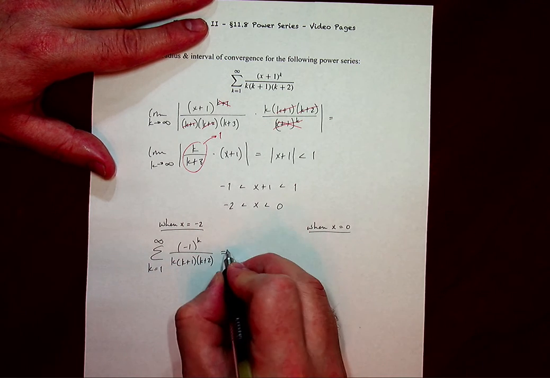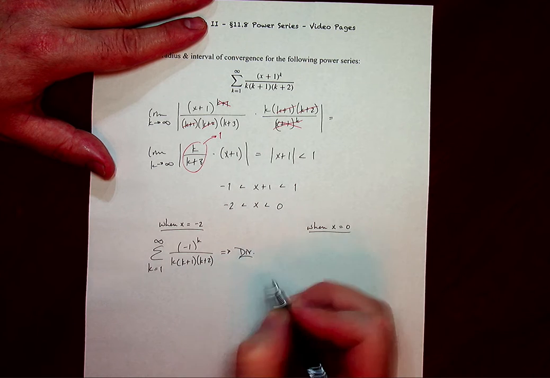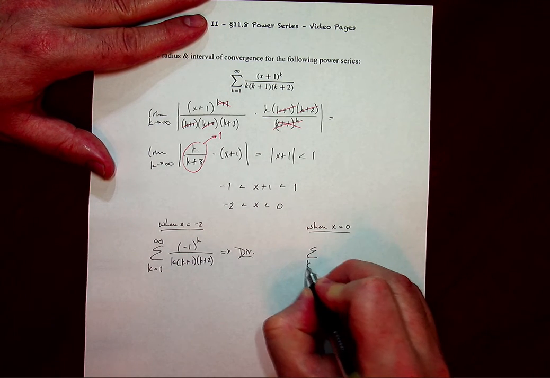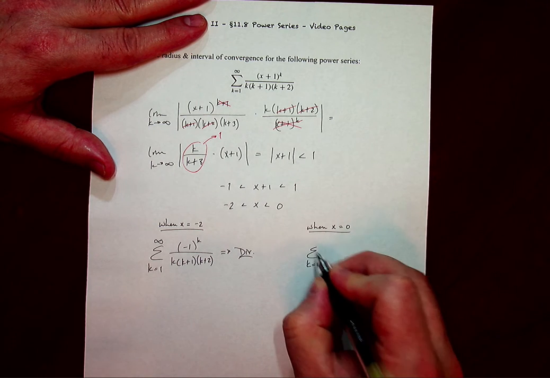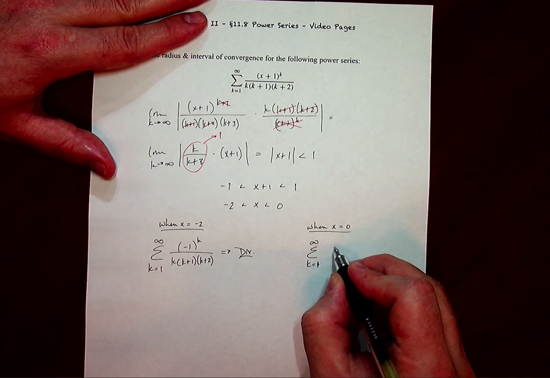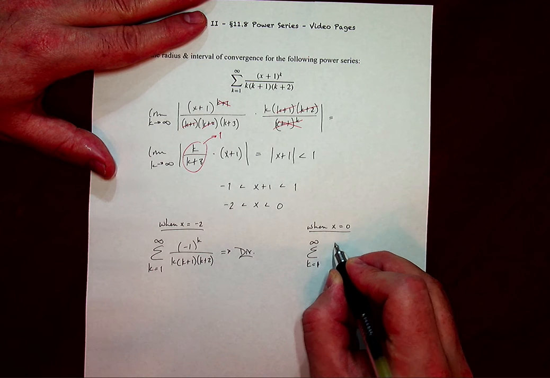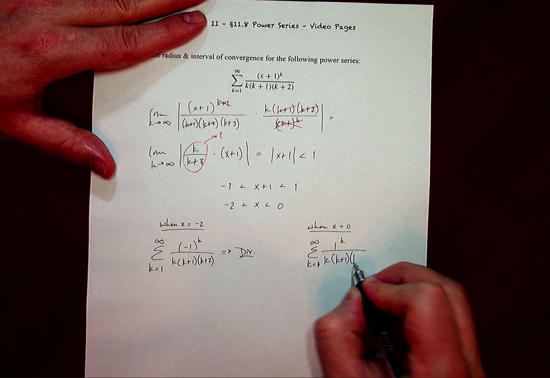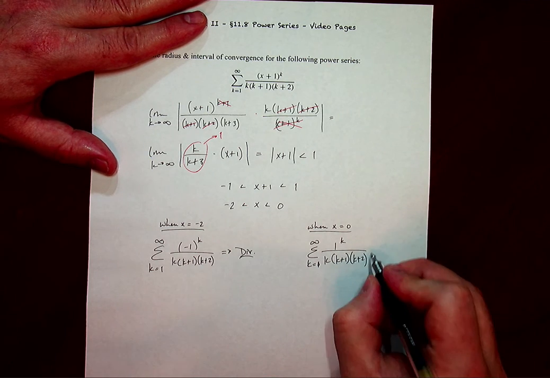That is obviously going to be convergent, largely because this series is absolutely convergent, as we can see when we pop over here to this other one, sigma k equals 1 to infinity of 1 over k, k plus 1, k plus 2, and we can do it by comparison to a p-series.